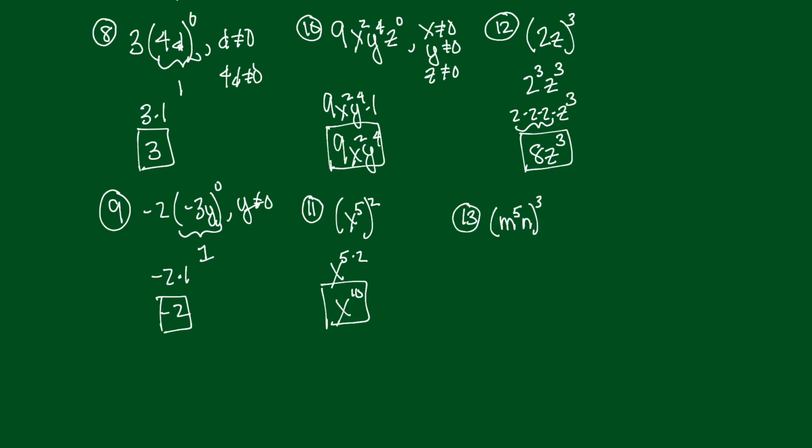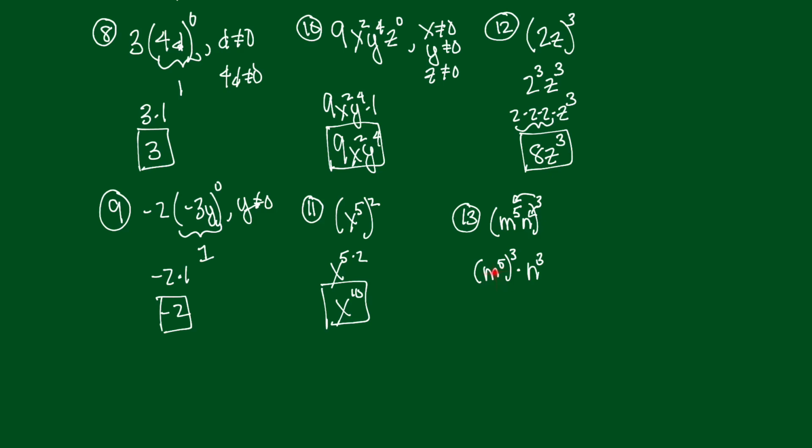In 13, look in here. We've got a multiplication, right? That's a product. I've got m to the 5th times n, so I'm raising a product to a power. So I'm going to distribute the exponent to each one. Now I'll do this in parts here. I'll get m to the 5th cubed times n cubed. Take that 3 and put it over here and here. Distribute it. Now look at this one right here.